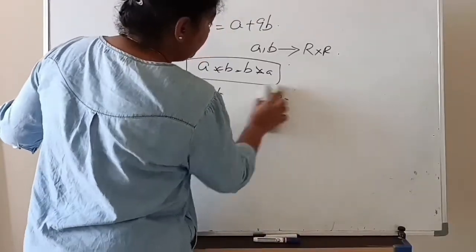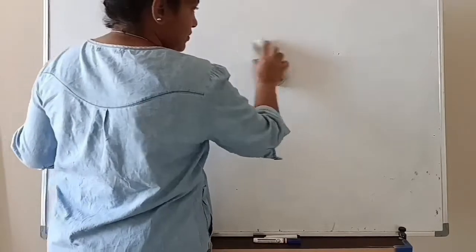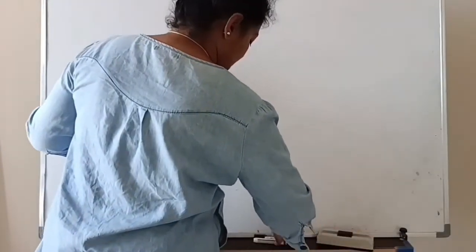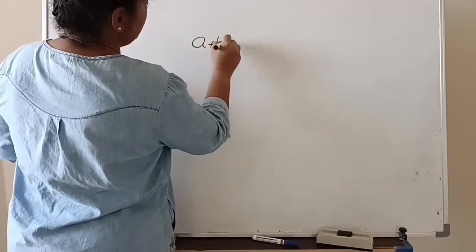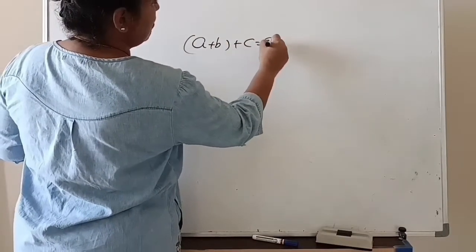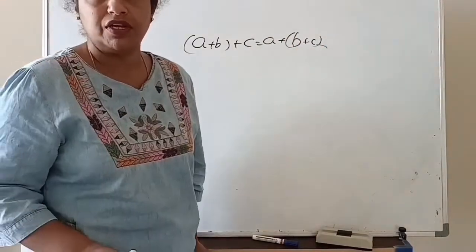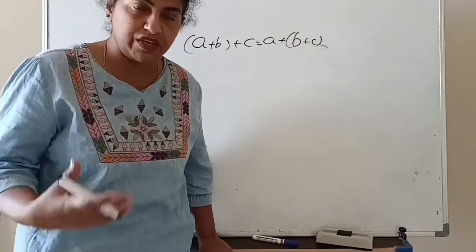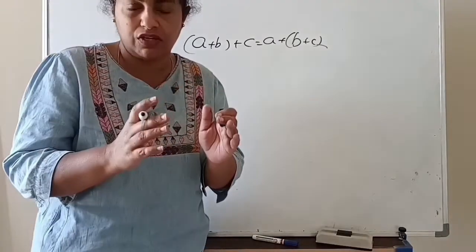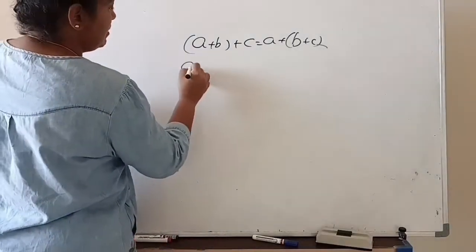Right? Now, let us see the associativity of binary operations. Now, you know that if you have an operation like addition, if A plus B plus C is equal to A plus B plus C, we say that addition is associative, and addition in general is associative. So, how do you say a binary operation is associative? It is the same.